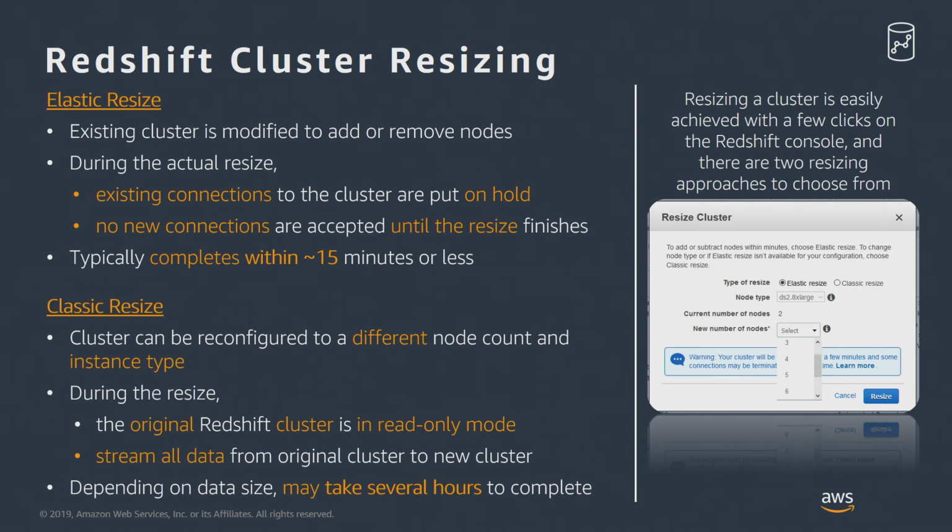Now, the caveat there is if you want to switch from, let's say, DC dense compute nodes to DS dense storage nodes, you're going to have to use the traditional classic resizing method. But again, this really makes it easy to provision your cluster for exactly the number of nodes you need for your workload and then grow it as required.